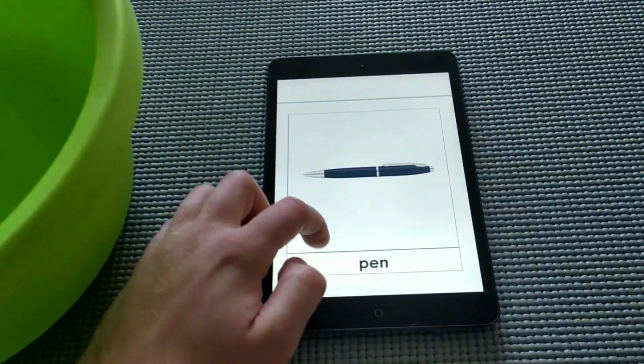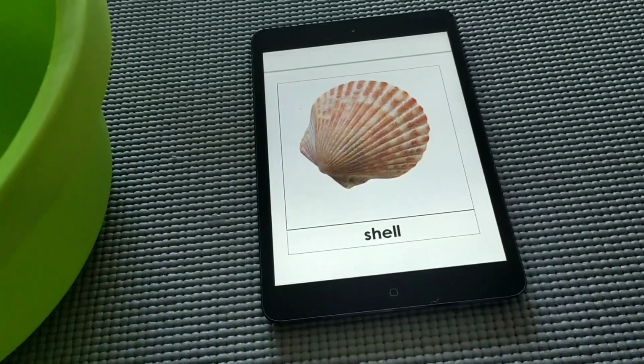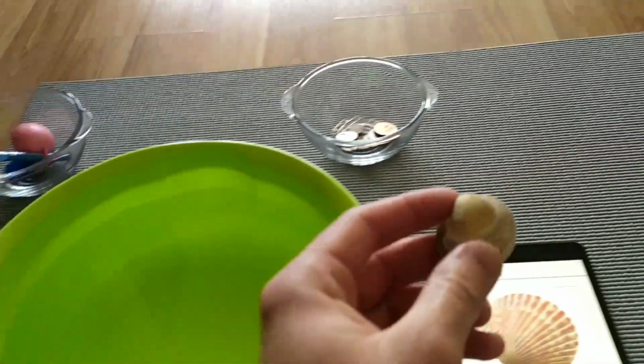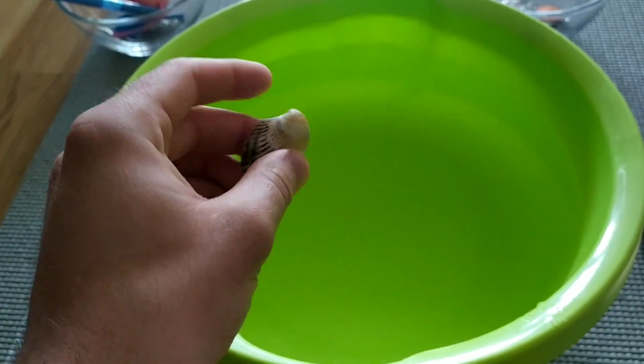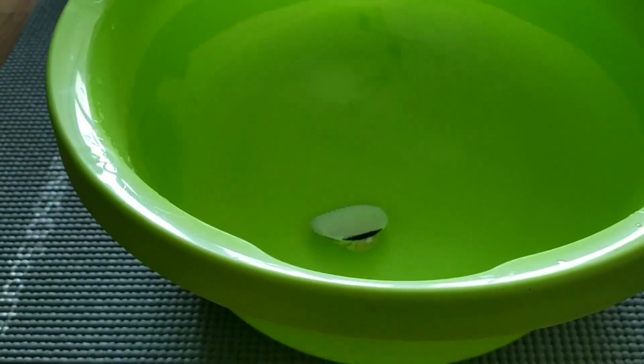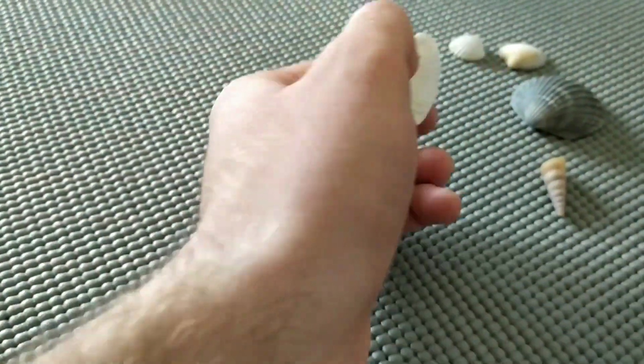Okay, the next object we are looking at is a shell. So we're going to look at a shell. What do you think will happen when I put a shell in water? So we can see it sinks. Let's look at the other shells. We have some different types.